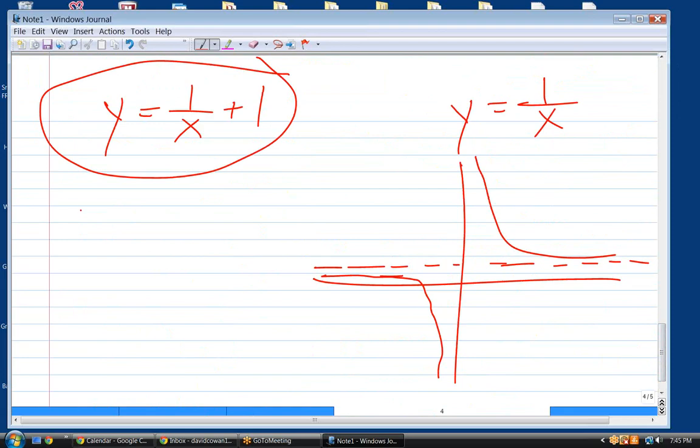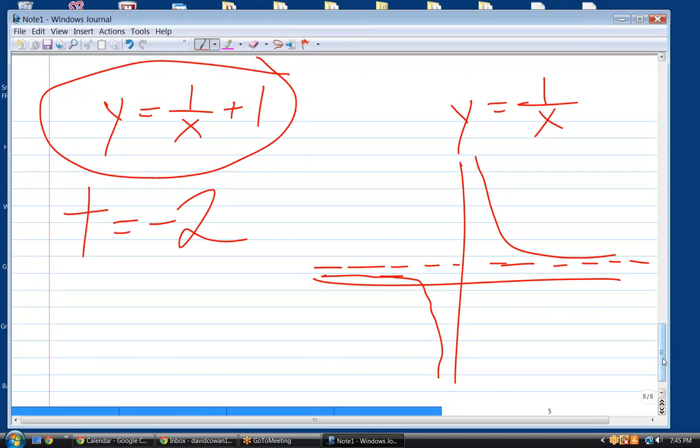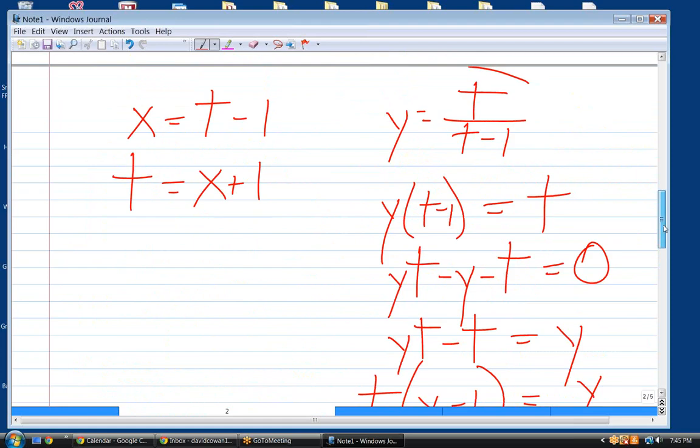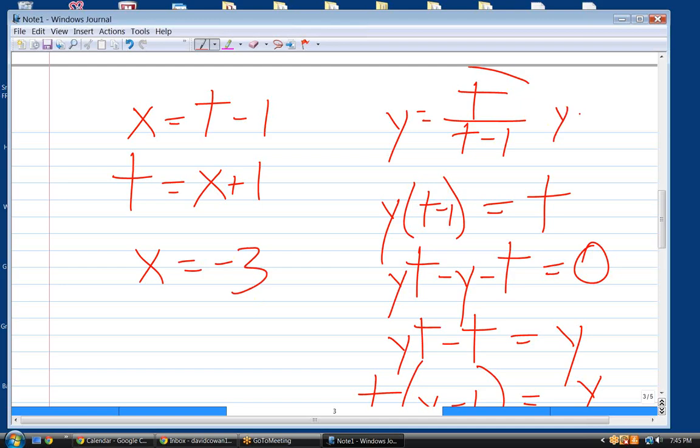When t equals -2, where do we begin? Well, when t equals -2, x equals -3, and y would equal -2 over -3, 2/3.